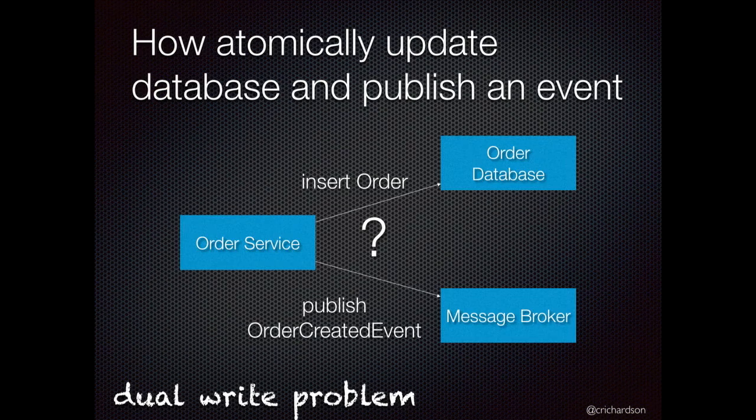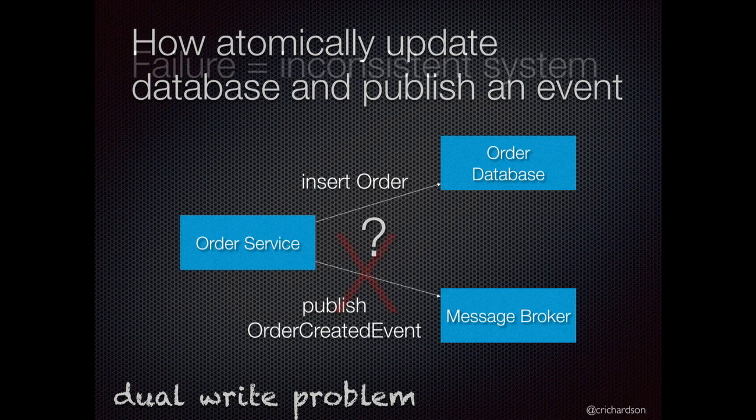There's also an interesting little technical challenge. In order for the Saga mechanism to work reliably, you have to be able to simultaneously update a database and publish an event. Those two things have to happen atomically.